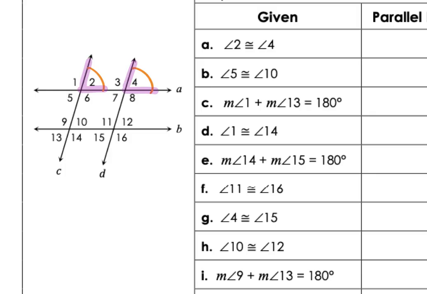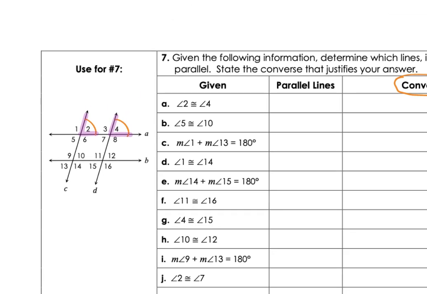There is nothing about B right now that we are touching. So B has nothing to do with it. So which lines would have to be parallel? C and D. You're not going to say A is parallel to C, right? Those are intersecting. So we would say that C is parallel to D.